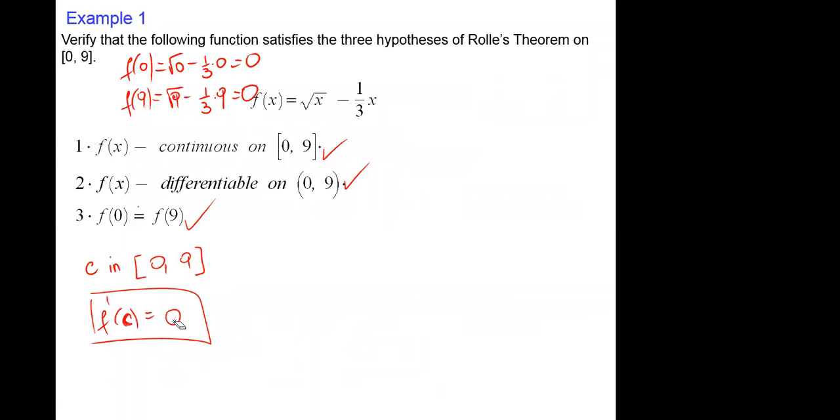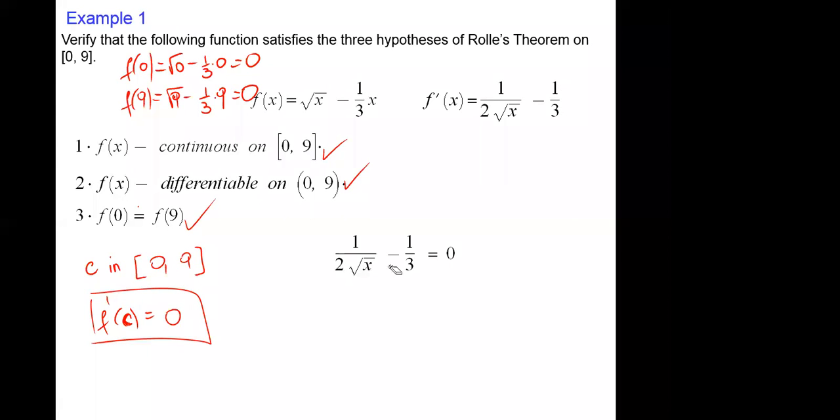But since the function is not really complicated, let's actually solve this equation for c. Let's find out the number. Derivative of the square root of x is 1 over 2 square root of x. We know that. Derivative of 1/3 x is 1/3.